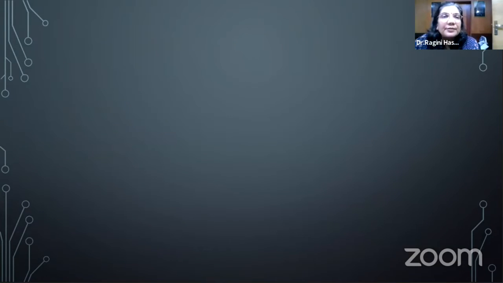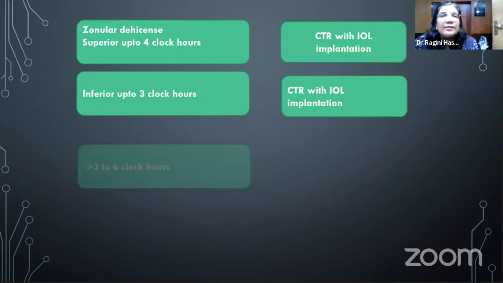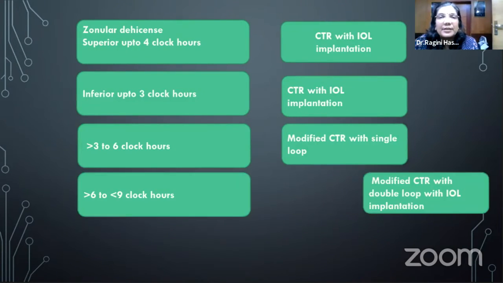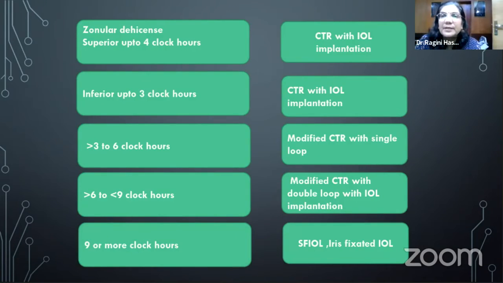So intraoperatively, what are the measures that you will take? This is the algorithm for the intraoperative management, which Krishna Prasad has already described: how your management takes place depends on the amount of subluxation. If the subluxation is very, very small and it does not hamper your surgery, you can go ahead with a very careful surgery.